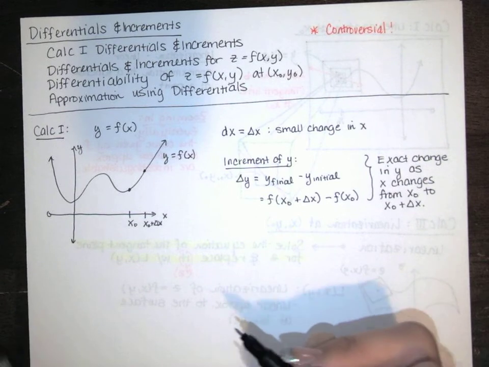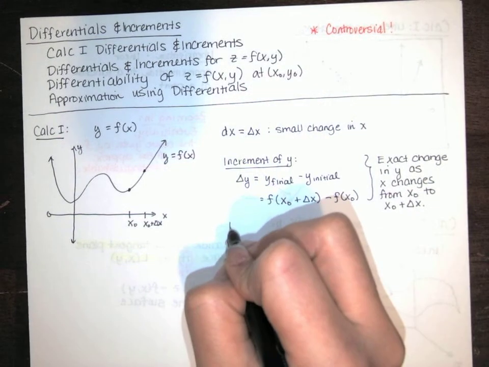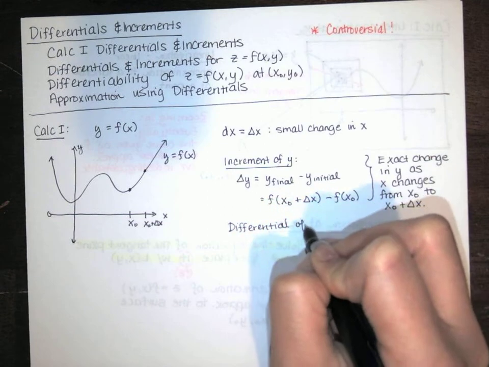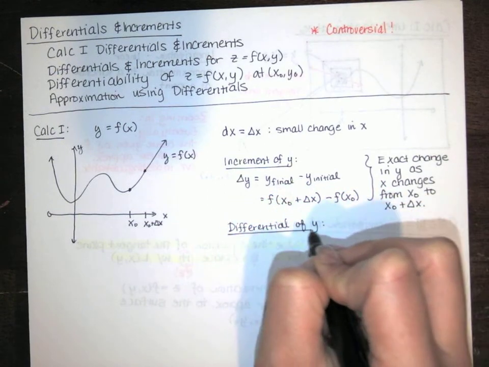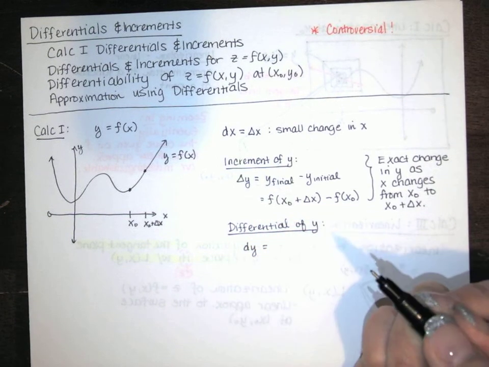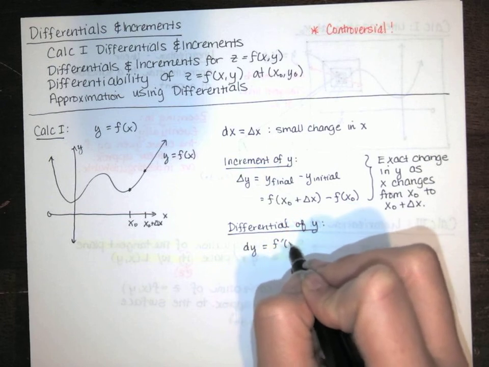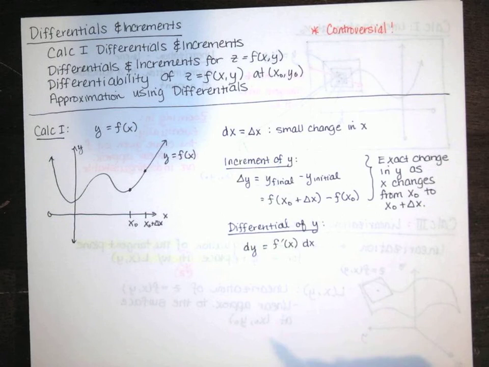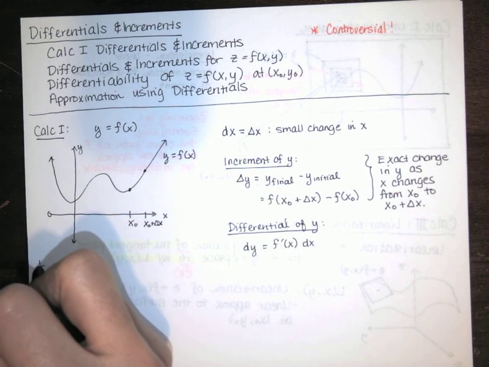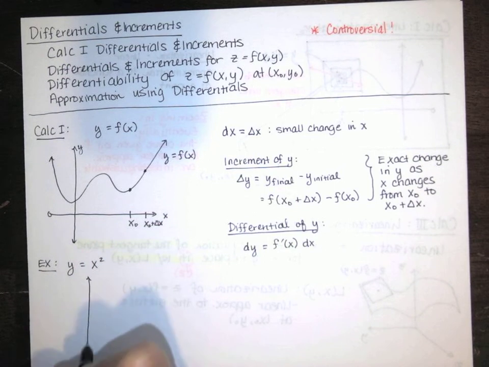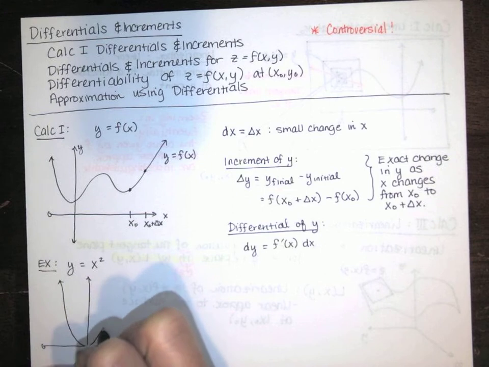Now, the differential of y was defined this way, and you use the differential all the time. Every time you do a u substitution, you use the differential. We defined the differential this way. We said dy is just the derivative of y with respect to x, or if y equals f of x, f prime times dx. So just as an example, if you have y equals x squared, well, it's a parabola with its vertex at the origin.